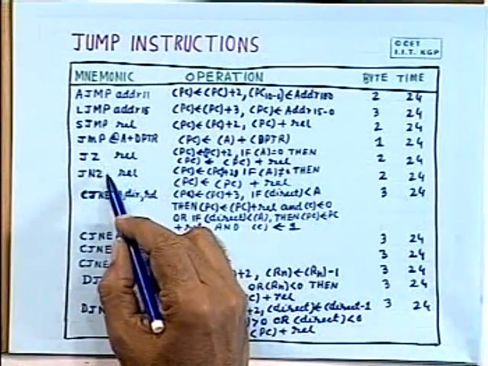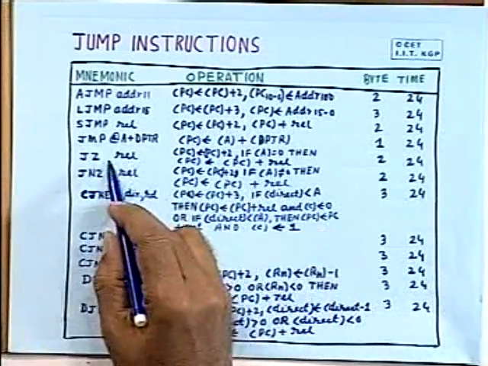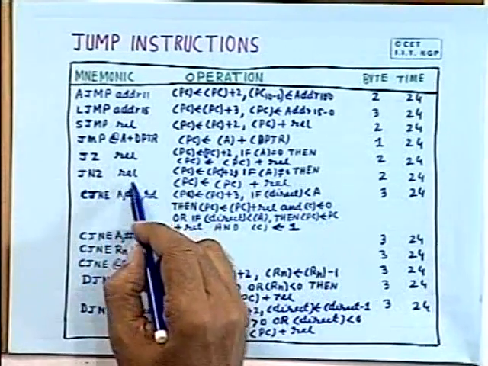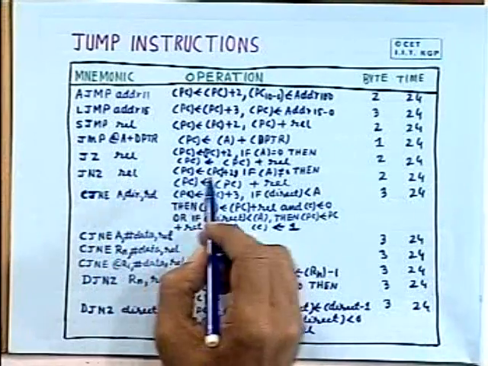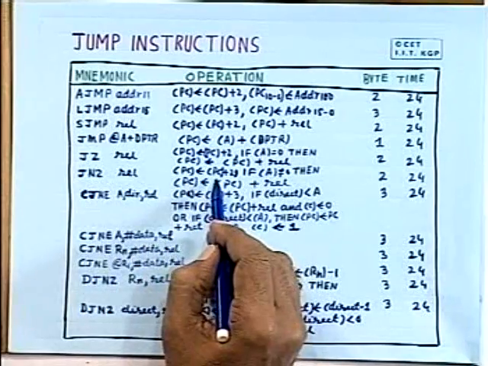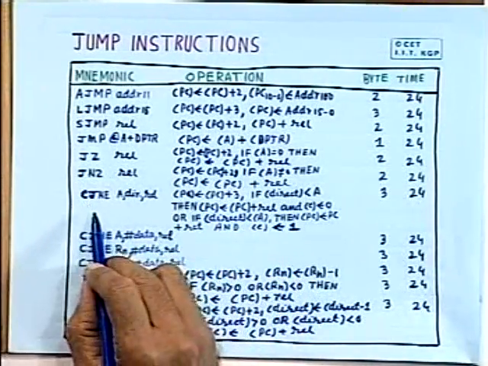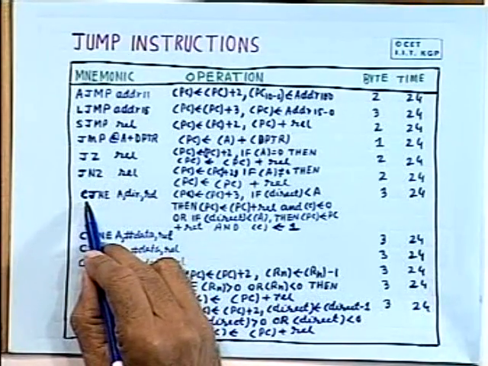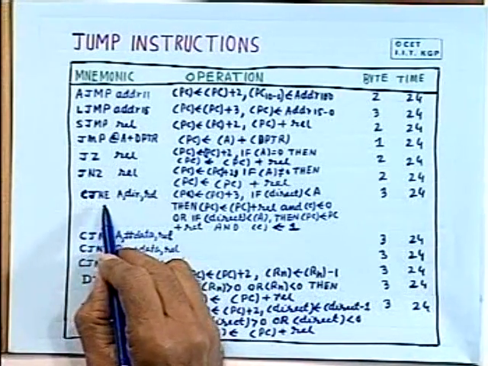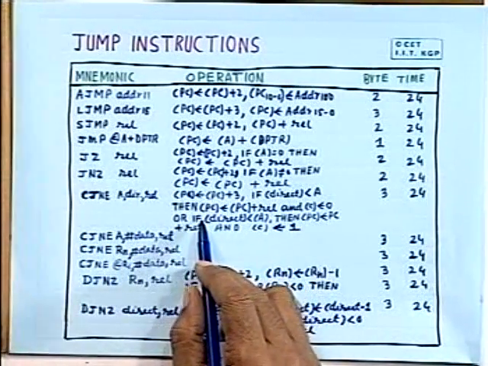Then you have conditional jump instructions. Jump if zero: when the accumulator is 0, the jump takes place. This is relative, that is a short jump with respect to the program counter, or it can be jump if not zero, and the jump also takes place based on the carry flag bit.